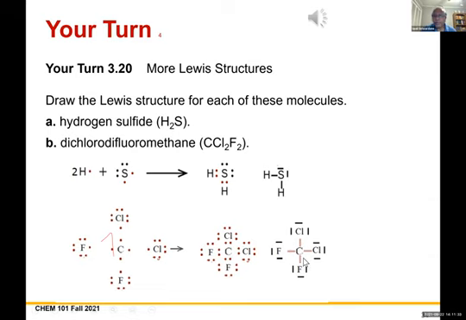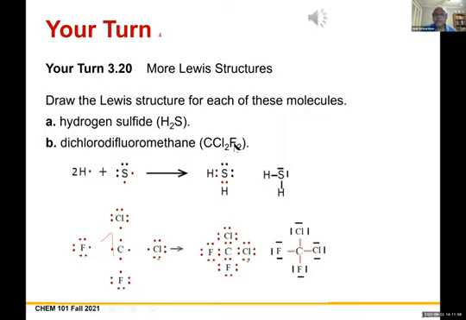1, 2, 3, 4. That's 8 electrons. Let's count the pairs. 4 pairs. 1, 2, 3, 4. 3 times 4 is 12. 12 plus 4 is 16. 16 times 2 is 32.